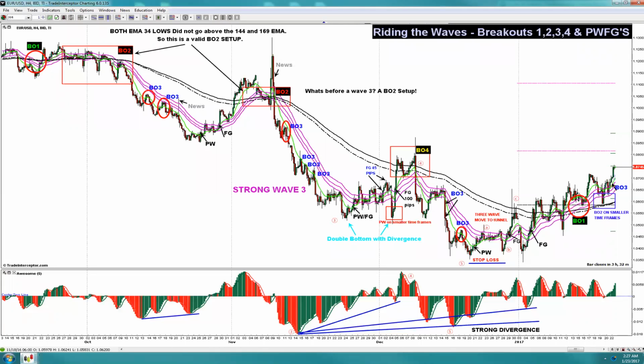That's our breakout 2 trade, meaning price has corrected, but we are expecting the wave 3 to begin. So we still want to take a breakout 2 trade, and our breakout 2 trade can be entered really at any one of these points.